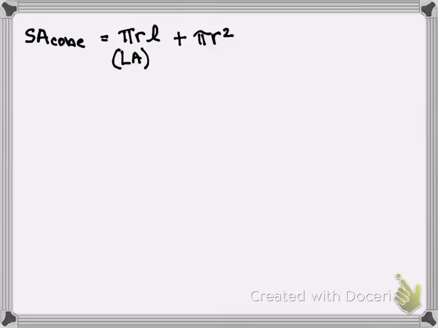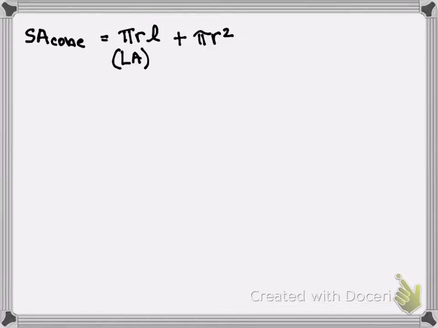So the formula for surface area, and by the way, what's the abbreviation for surface area? SA, and this is of a cone, is pi RL, that's the lateral area, plus the area of the base, which is the circle, pi r squared.